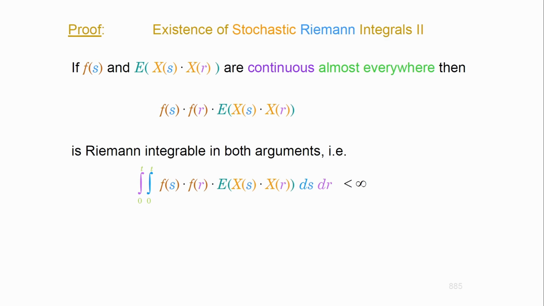So it is enough for the deterministic function that is part of the stochastic Riemann integral, as well as the expectation of the products, which can be associated with the autocovariances, to be finite. So if the autocovariance of the stochastic process is finite, and the function by which it is multiplied is continuous almost everywhere, then the corresponding stochastic Riemann integral will exist.